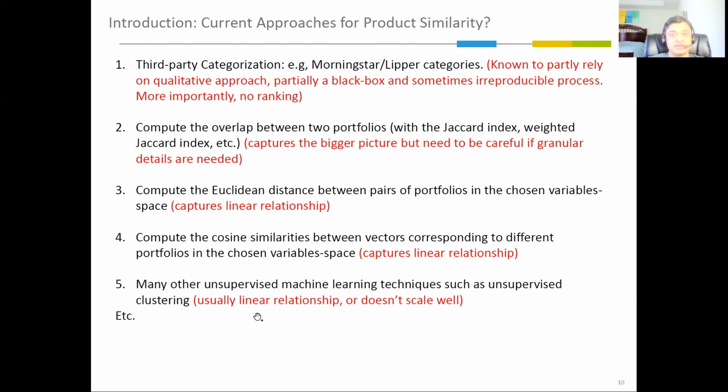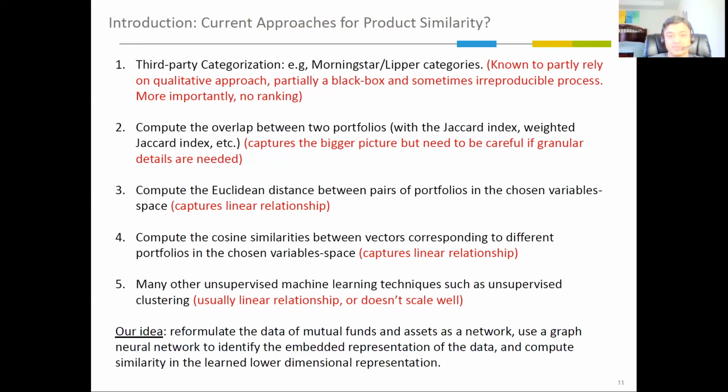The ones that have been investigated so far only capture linear relationship, or many times they capture non-linear relationship, but they don't scale well. Okay? They can work with only a handful number of mutual funds, but not the whole universe. So there is a gap here, and that's where we focused on for the last couple of years.